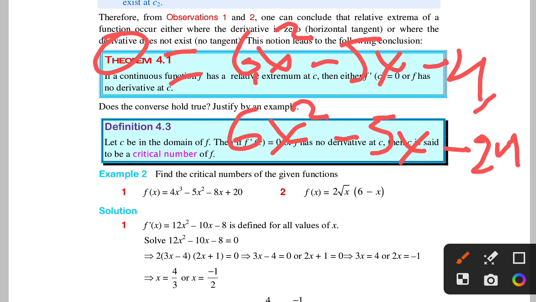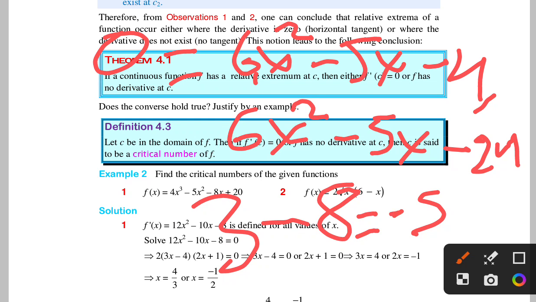These numbers should add to give minus 5 and multiply to 24. It's minus 8, sorry, minus 8. When we subtract these numbers we got minus 5.